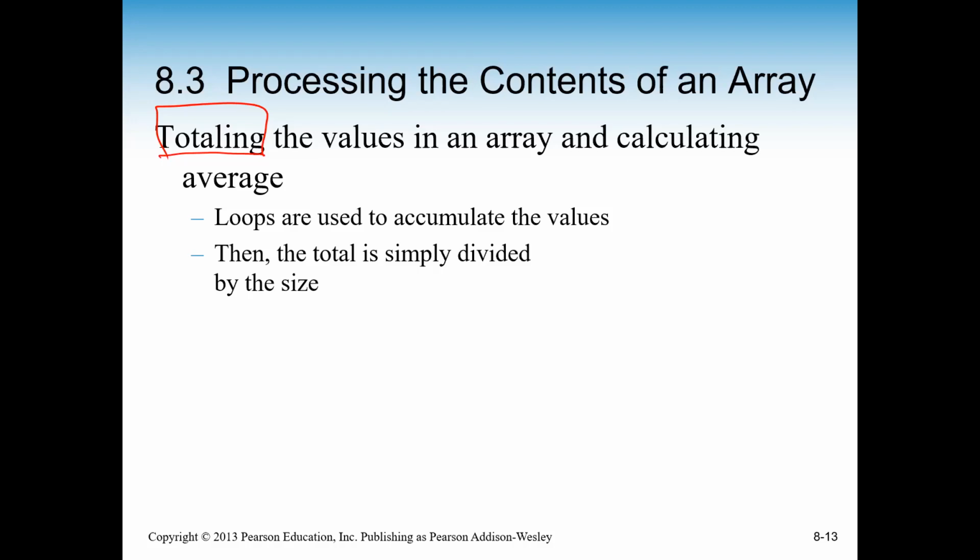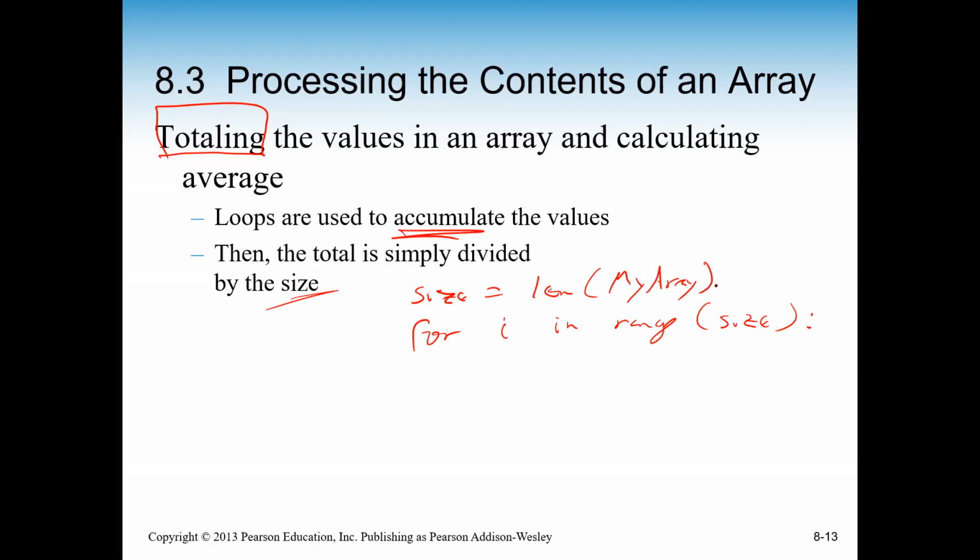Okay. So loops are used to accumulate values. We have seen that before. And then finally, we simply take the total that is accumulated and divide it by the size of the array. So pretty simple, really. It would be something like for i in range(size), where size is going to be the length of my array.